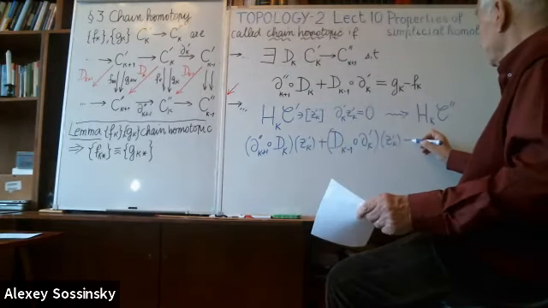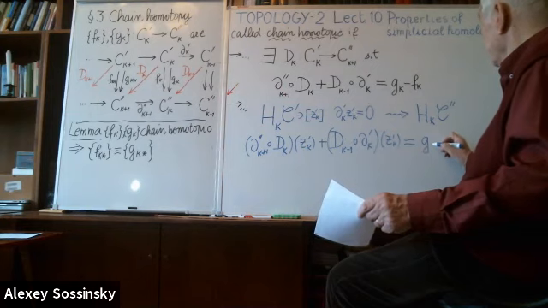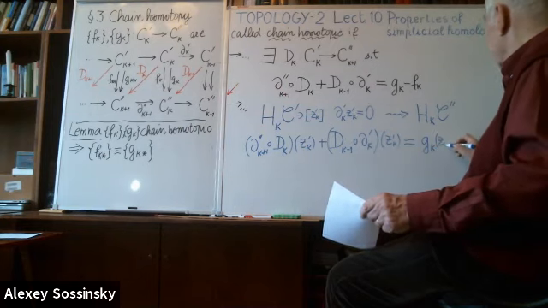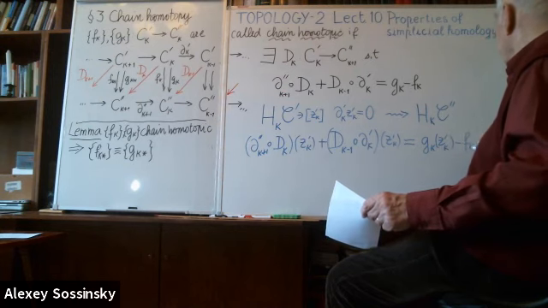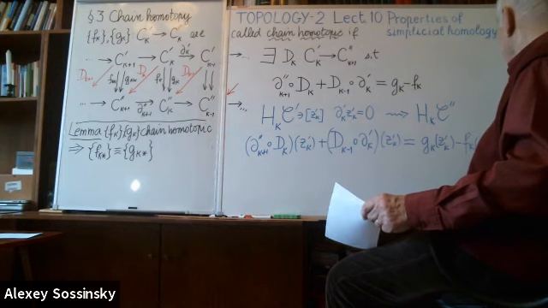And this must equal g_k z_k prime minus f_k of z_k.